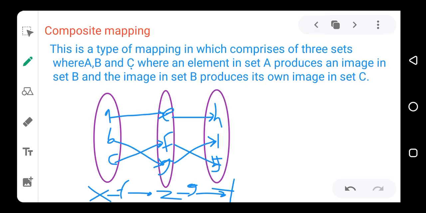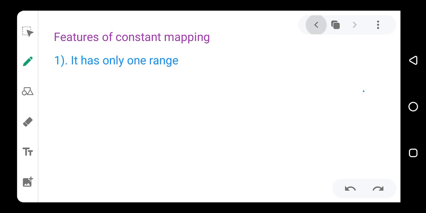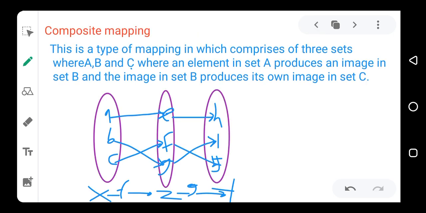Now, the composite mapping. For composite mapping, we usually have 3 sets involved, and each of the elements in the domain will produce an image in the codomain.